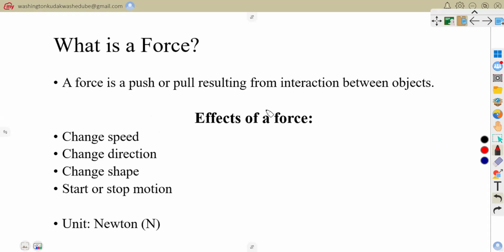A force can come with different effects. It can cause an object to speed up. Maybe an object was already moving. When you apply a force, that is, if you push that object that was already moving, it can increase its speed.